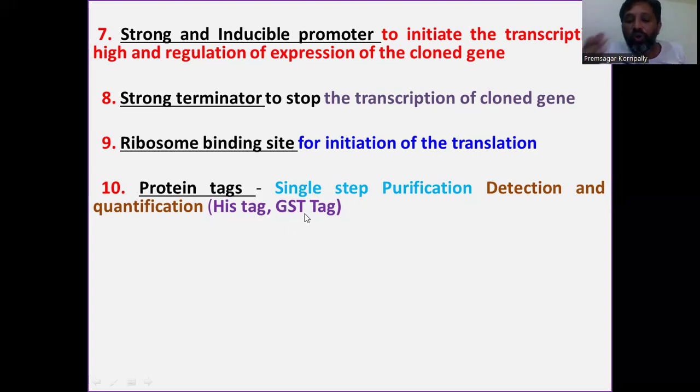After that, you will clone your gene of interest, so that the N terminal of your gene of interest contains the His tag or GST tag. When you express your gene of interest, you get a protein with the His tag or GST tag. That tag is useful for single step purification.